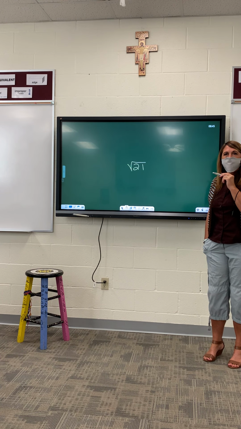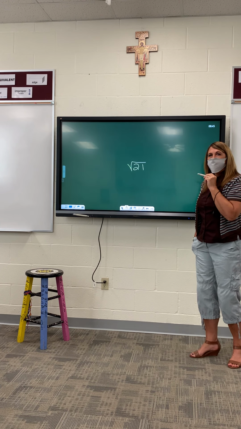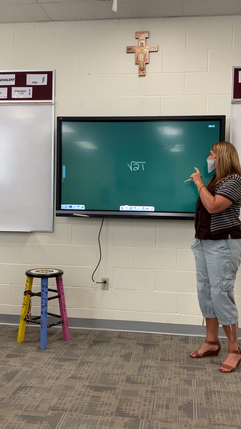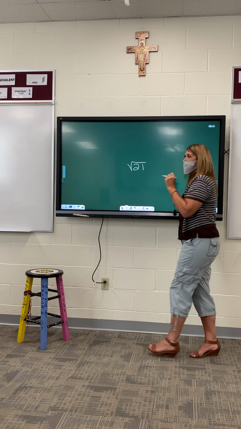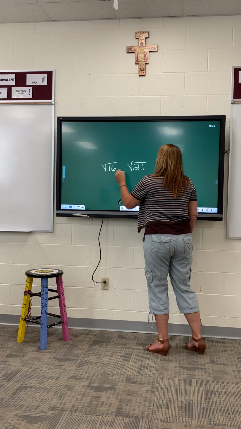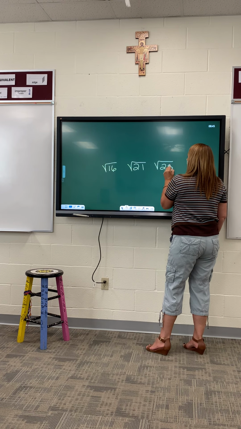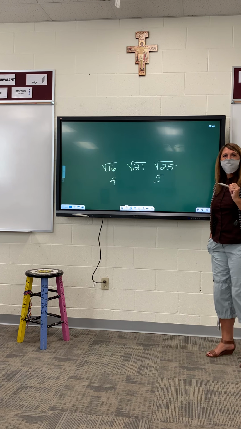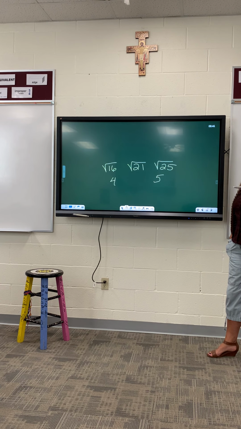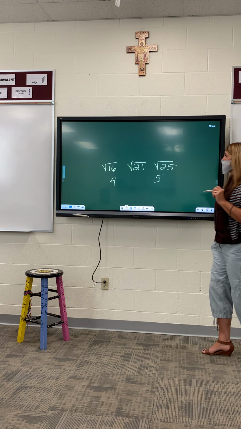Olivia? You took the two square roots it was closest to. So which two would that be between? Square root of 16 and 25. Okay, and that's 4, and that's 5. So now what? You would say which one it was closest to and then estimate.